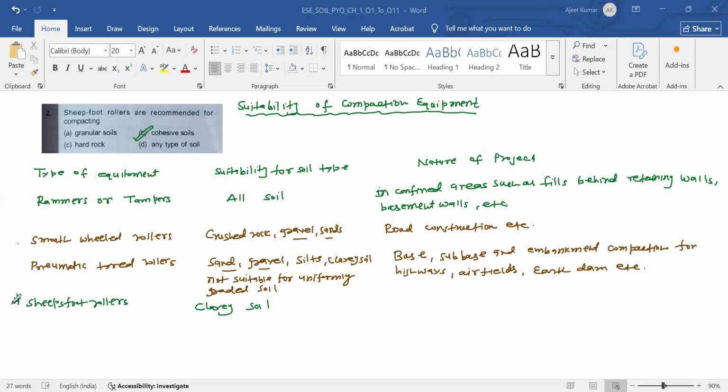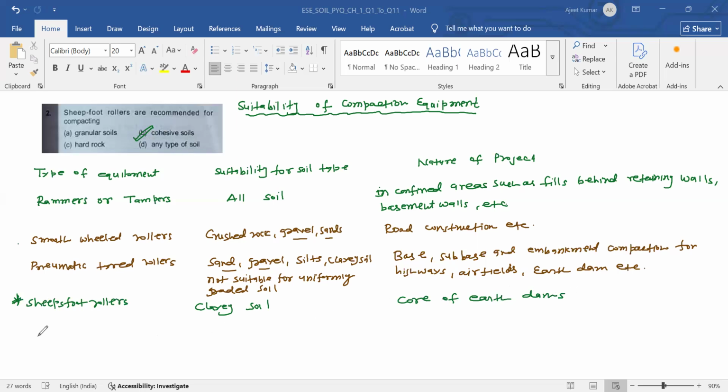So in this question, this is asked. So answer will be B, clay soil. And it is suitable in projects like core of earth dams.